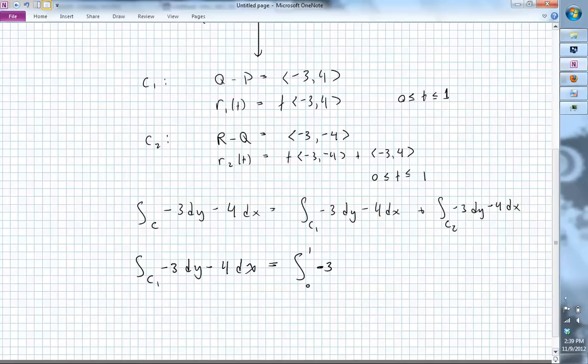What is dy replaced by? Are you doing the whole curve or just the first one? I'm just doing the first part. Well, it's the derivative of this guy. It's the y coordinate. The derivative of the y coordinate of that guy, minus 4 times the derivative of the x coordinate.